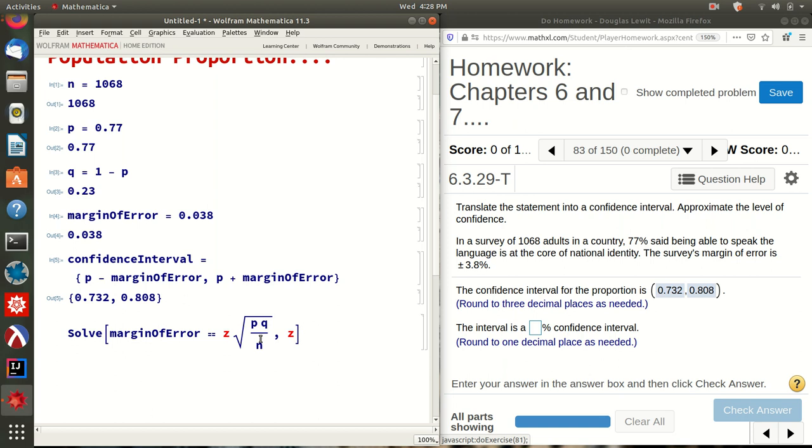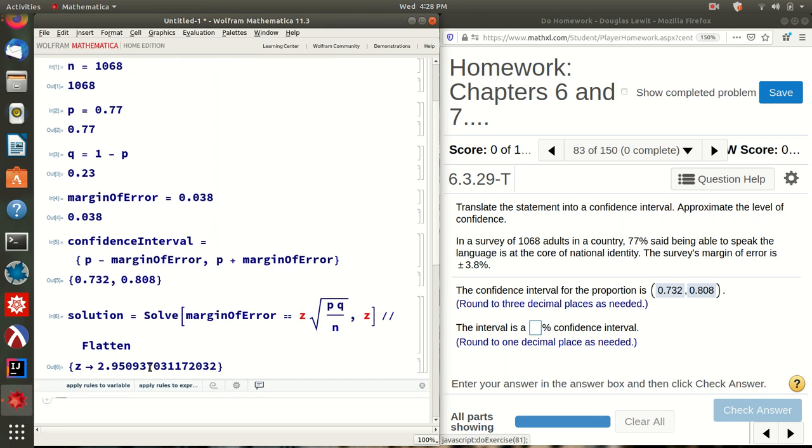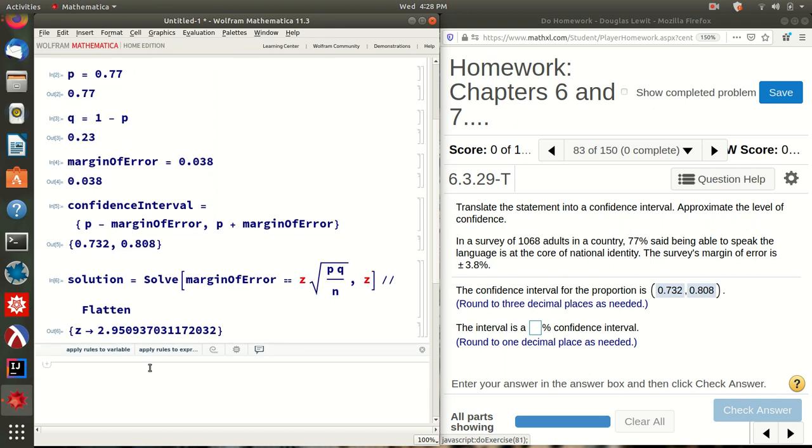What is z? I know I'm going to get a nested list of lists. I just want one list. So my solution is equal to, shift enter. Okay, z is approximately 2.95.